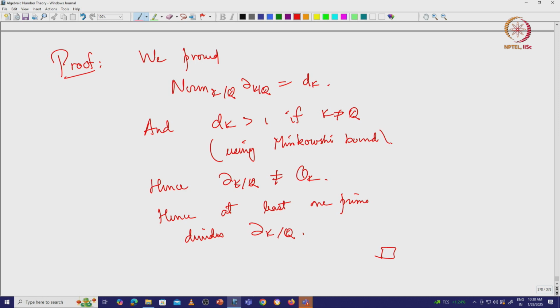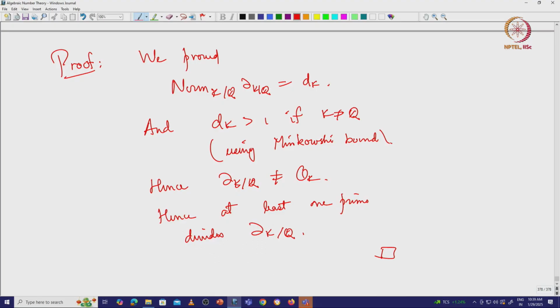This situation is very different for other number fields. Other number fields can have extensions that are unramified. If you only take abelian extensions, then there can be at most finite extensions that are unramified. But if you do not put the condition of abelian extensions, then other number fields can in fact have infinite extensions which are unramified everywhere.